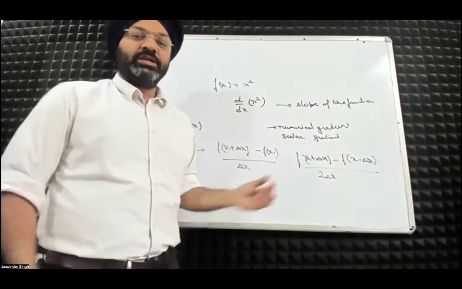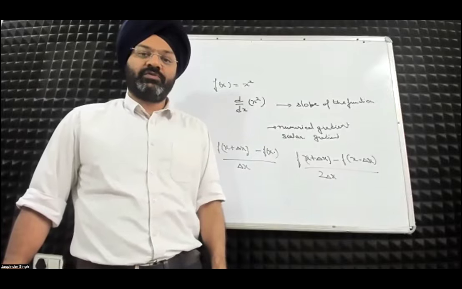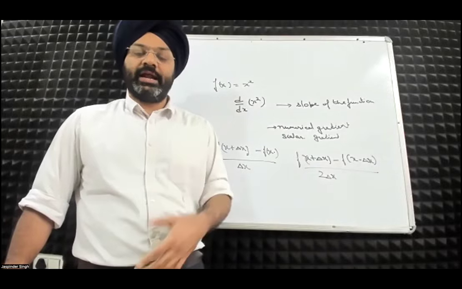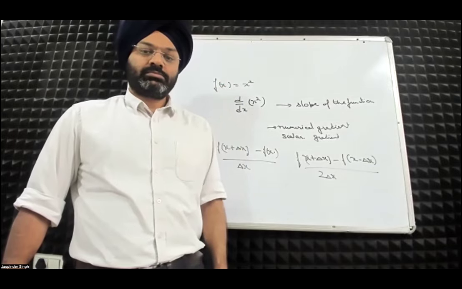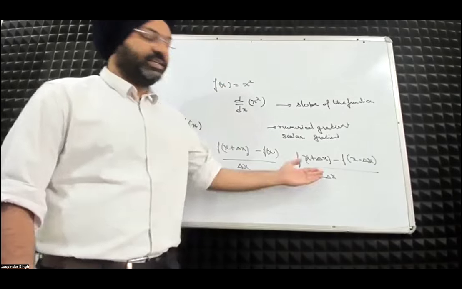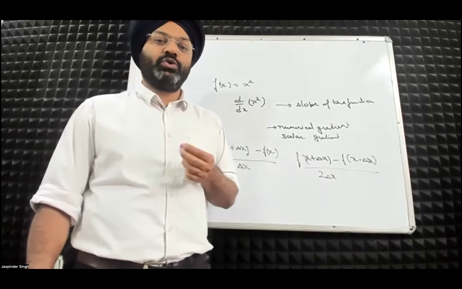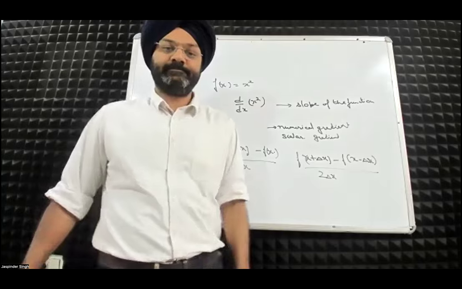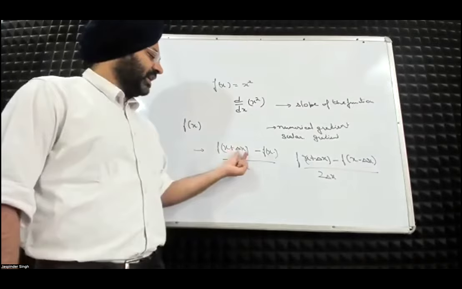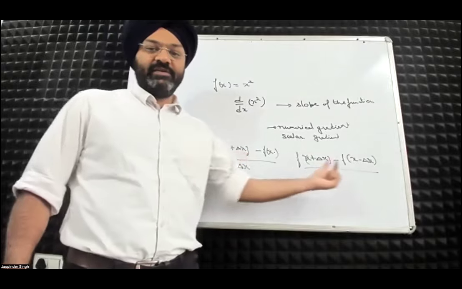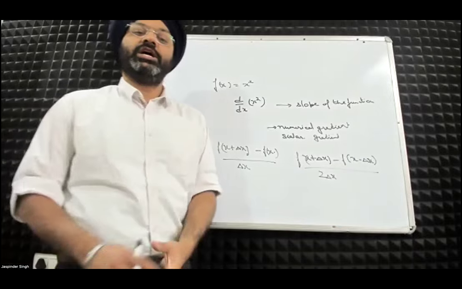This is called the central difference for finding the numerical gradient or the numerical differential. The advantage is that it is more accurate because it is able to remove the first order errors. I might have some errors because I have delta x over here, but since I have minus delta x over here, the first order errors or the noise can be removed.